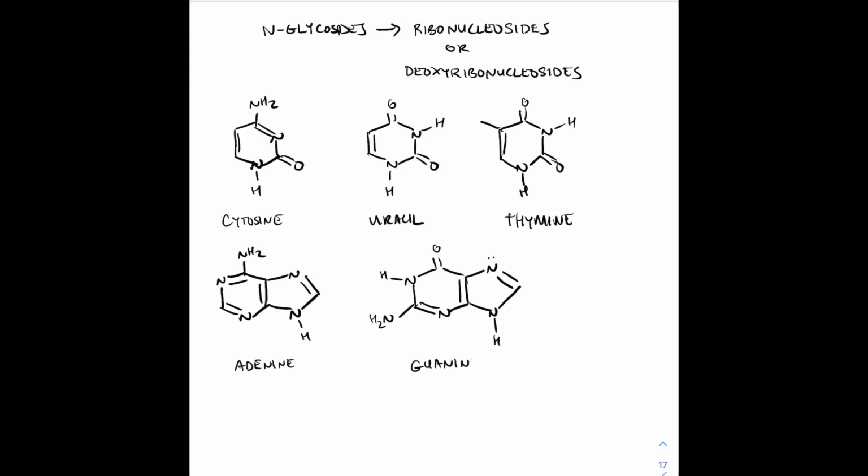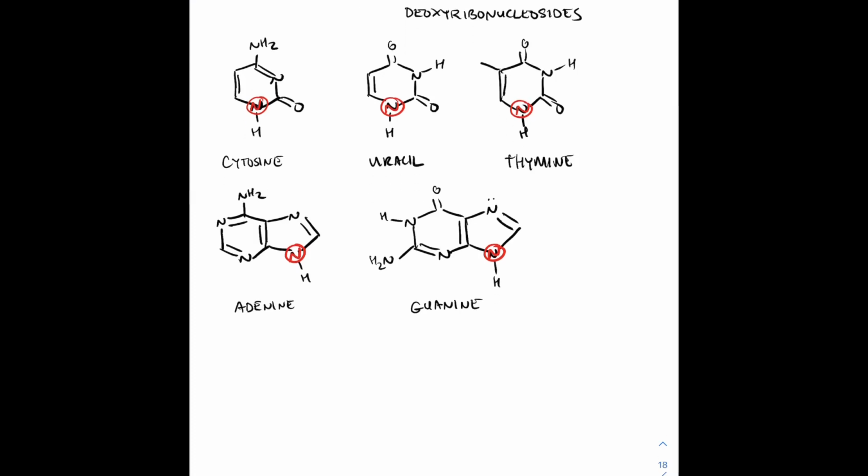So for adenine and guanine, all of these are going to have the nitrogen that I'm circling in red act as that nucleophilic nitrogen to form the N-glycosides, or the ribonucleosides and deoxyribonucleosides. It's always going to be those nitrogens whenever you're using those bases.